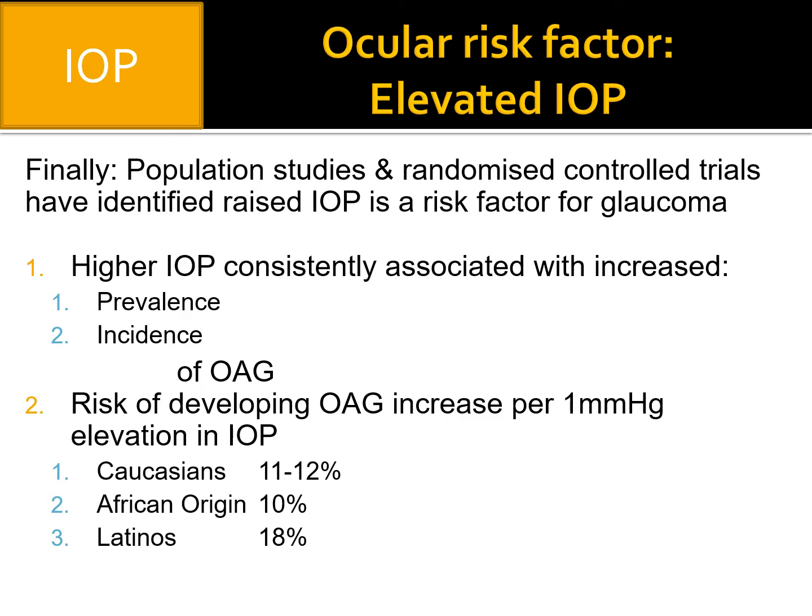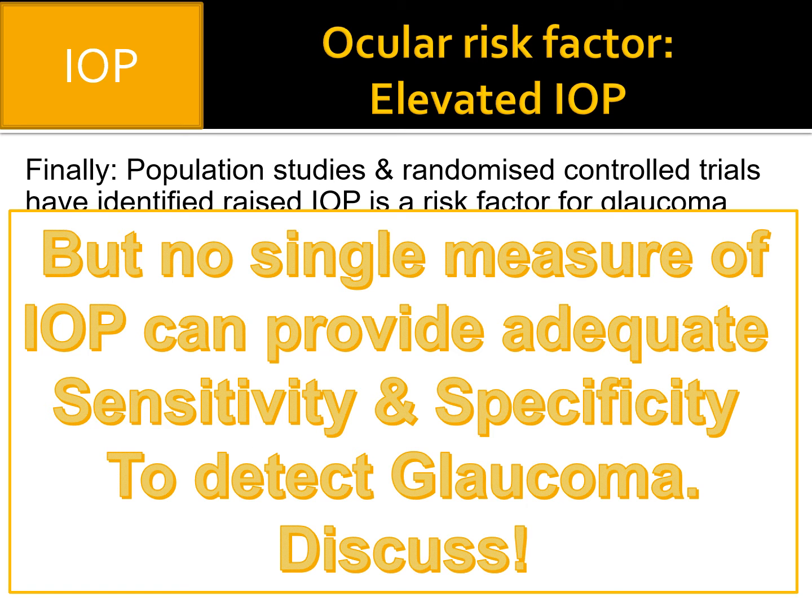So Caucasians is 10 to 12% increase. So we can quantify these things now. We can put down these stats about the risk factor of IOP. But no, on an individual basis, no single measure of IOP can provide adequate sensitivity and specificity to detect glaucoma.